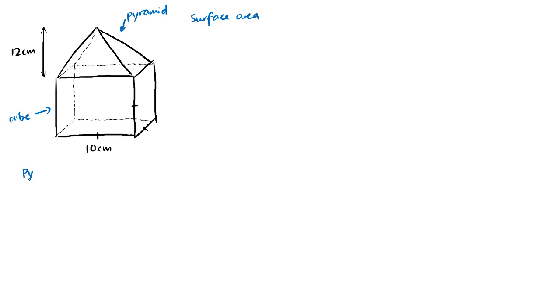Now, pyramid 的 formula, surface area 的 formula 已经教过了的，it is equals to the area of the square base, okay, plus 4 times the area of the triangle. Okay, and the area for the surface area of the cube will be 6 times the area of the square.